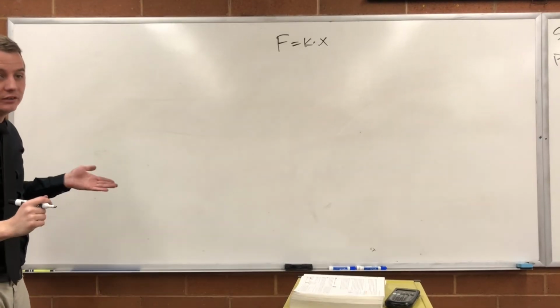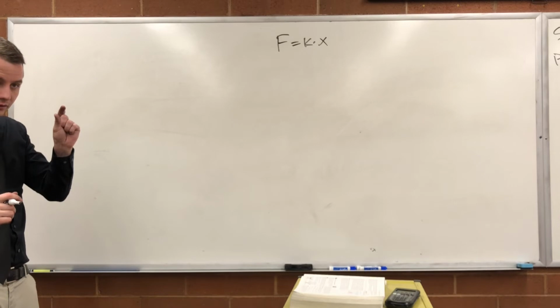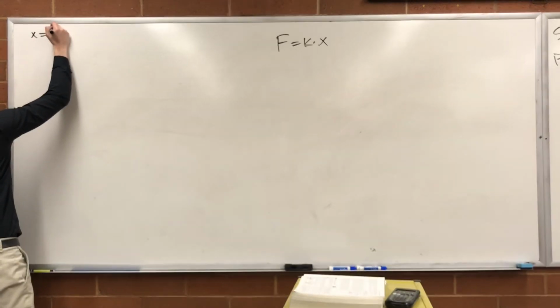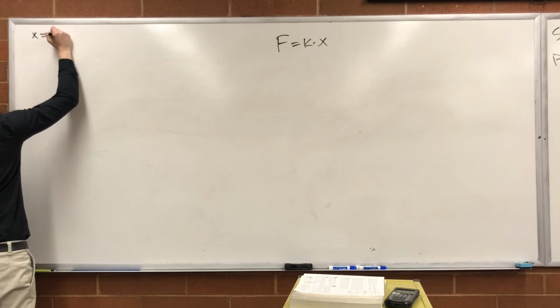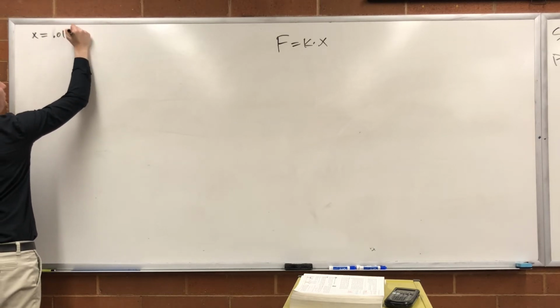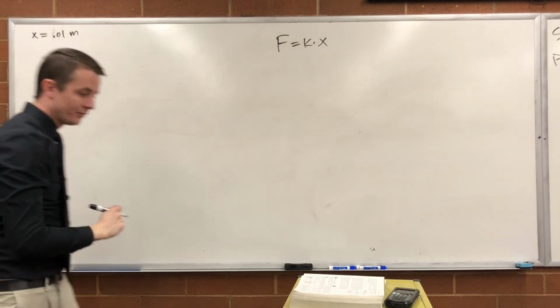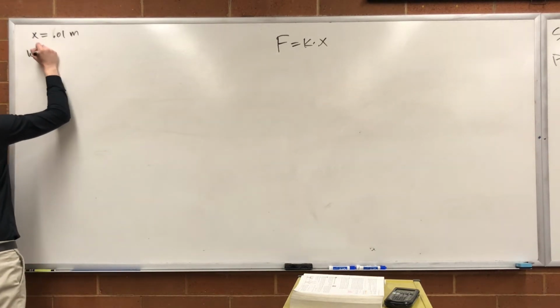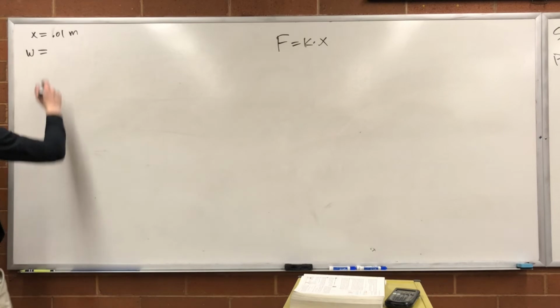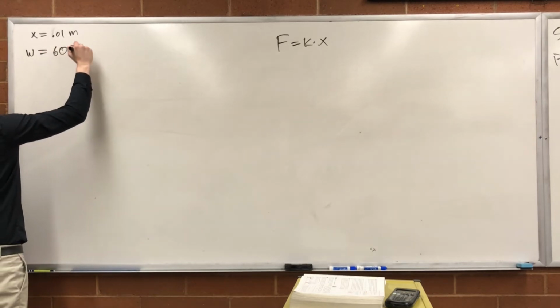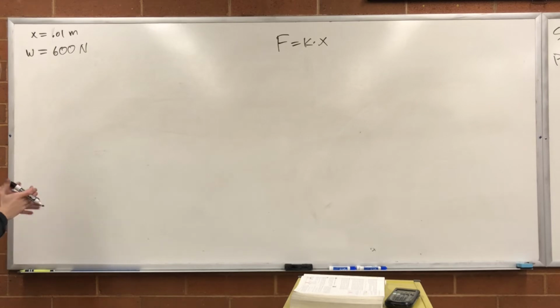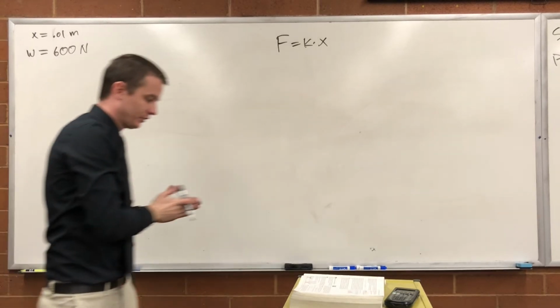Okay, so we know that she compresses the spring 1 centimeter. So our x, or our displacement in the x direction, is equal to 1 centimeter, which is 0.01 meters. And we know that her weight is equal to 600 newtons.